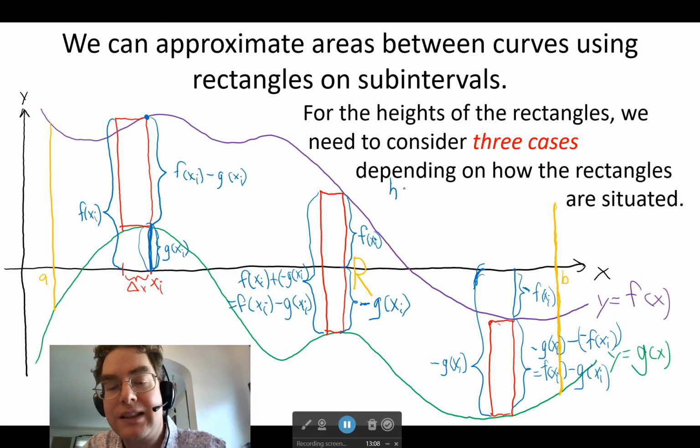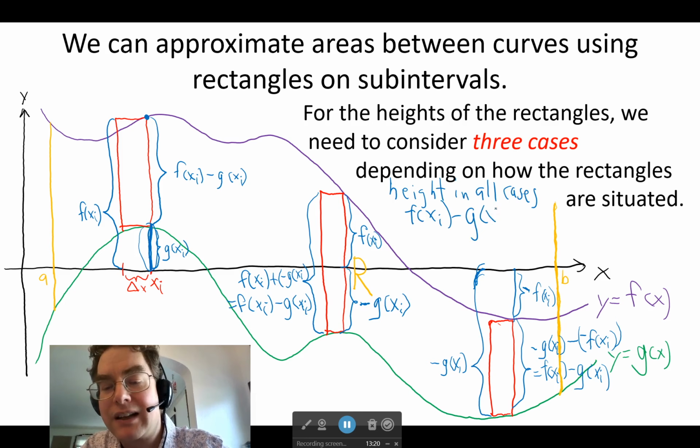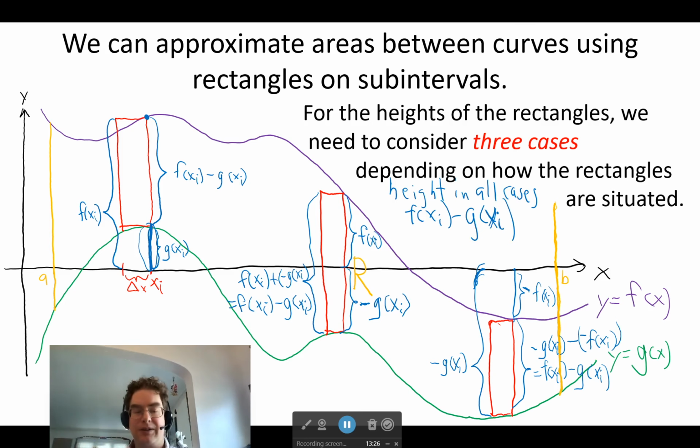Okay, so the height of the rectangle in all cases is f of xi minus g of xi. Value of the top curve function minus the value of the bottom curve function.